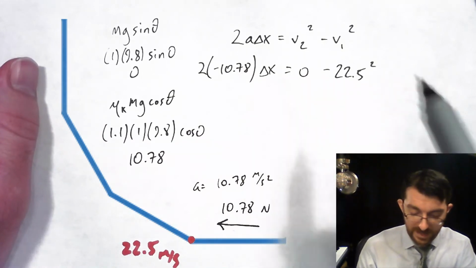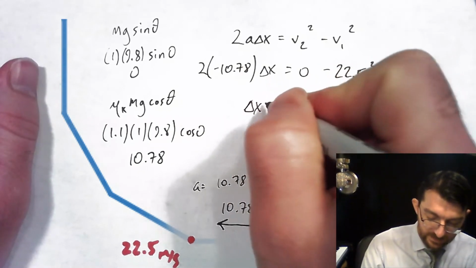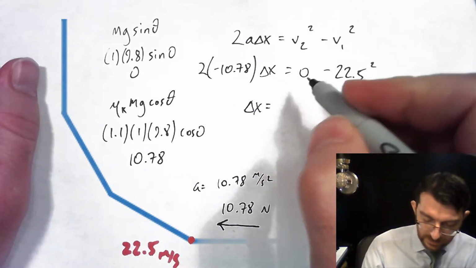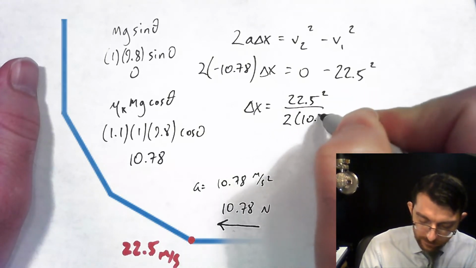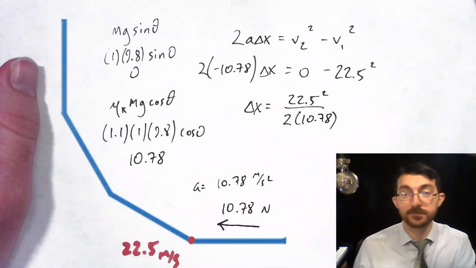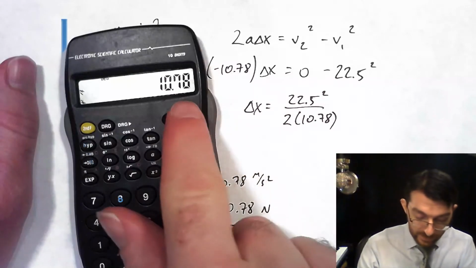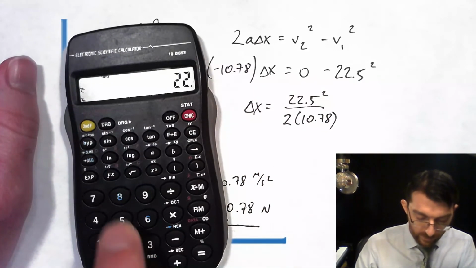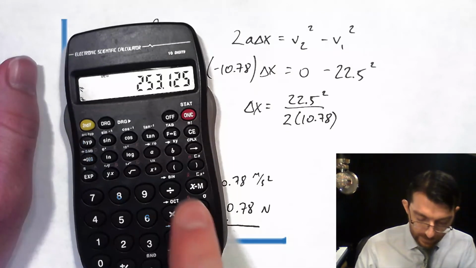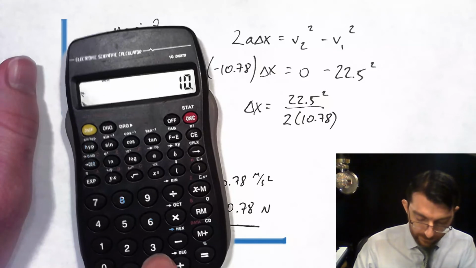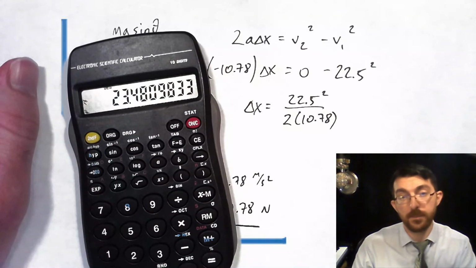Let's just solve for delta x. We'll divide both sides by that. So delta x is equal to, the negatives cancel out, so I'm just going to leave them, 22.5 squared over 2 times 10.78. All right, it's going to be less than 30. Let's see by how much. 22.5 squared divided by 2 and divided by 10.78. 23.5.